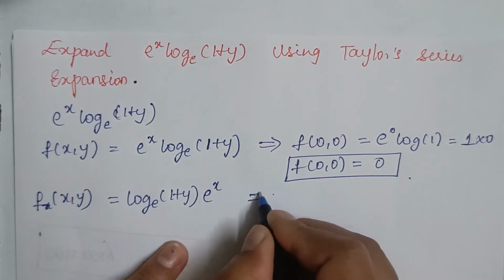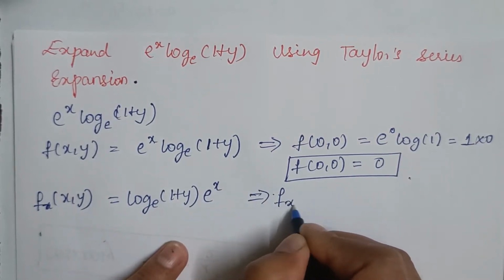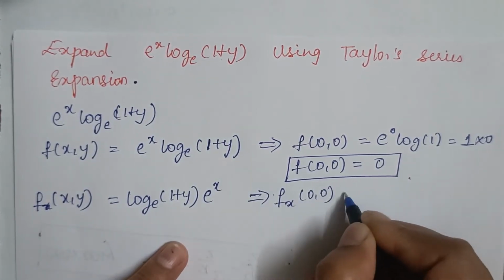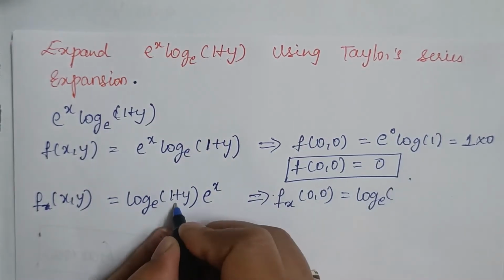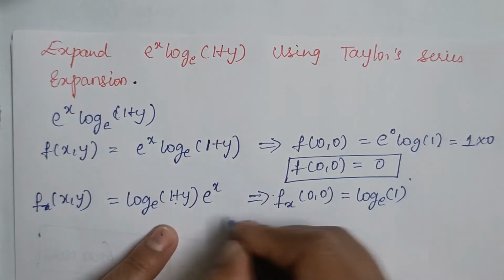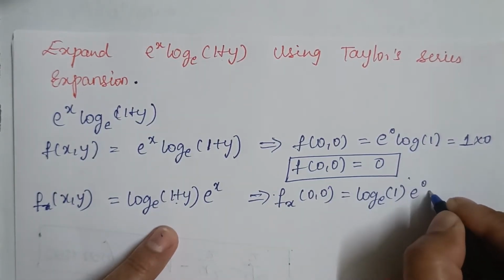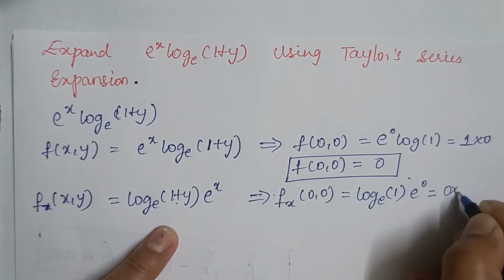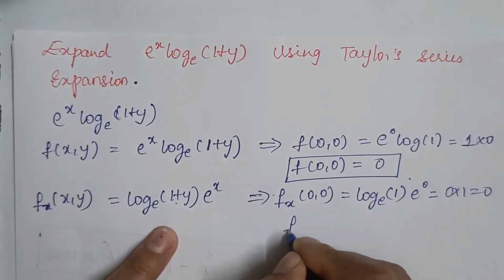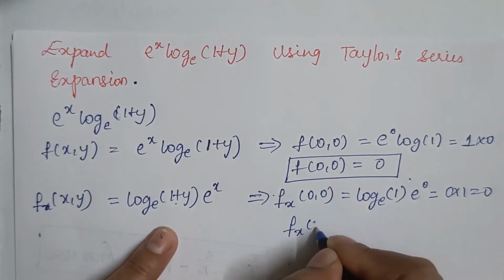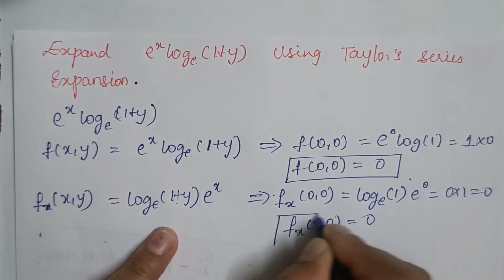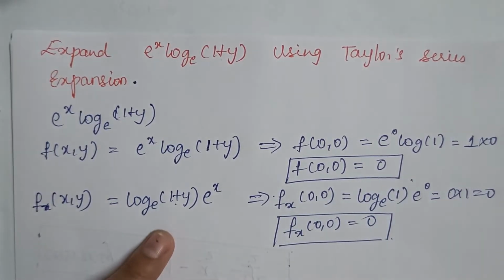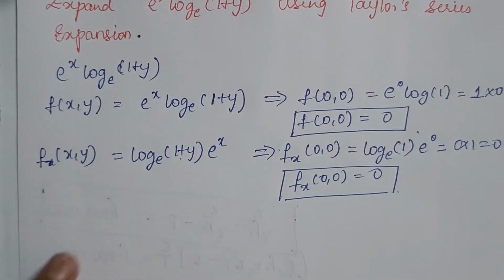Now I can find f suffix x at 0 comma 0: log to the base e of 1 plus 0 is 1 only, and e power 0 is 1, so 0 into 1 is equal to 0, so f suffix x of 0 comma 0 is equal to 0. I hope it is clear.